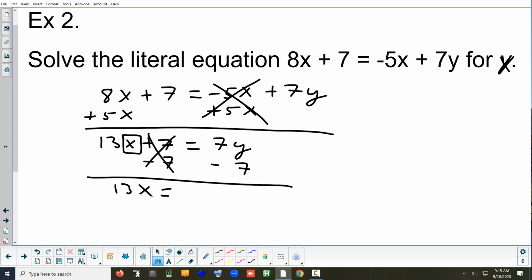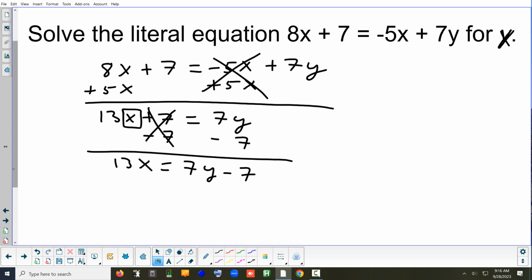So what would we put on the other side? 7y minus 7. Now, if this was something like 7y minus 2y, then I would say, yeah, we could combine that. 7y take away 2y is 5y.